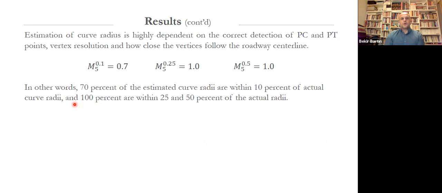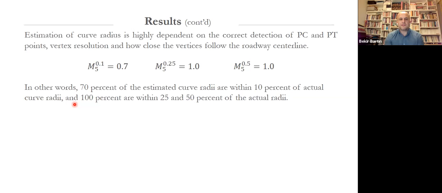And looking at the M5, which shows us how close we are to the actual radii, the estimation of curve radius depends on the correct detection of PC, meaning the start, and PT, the end of the curves, and also the vertex resolution, how close the vertices follow the roadway center line.